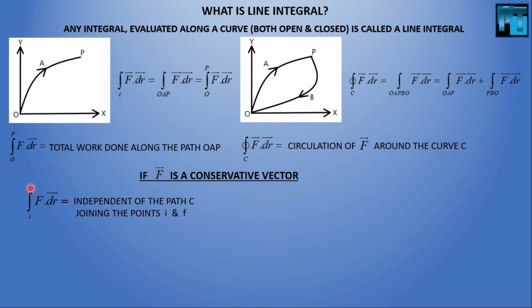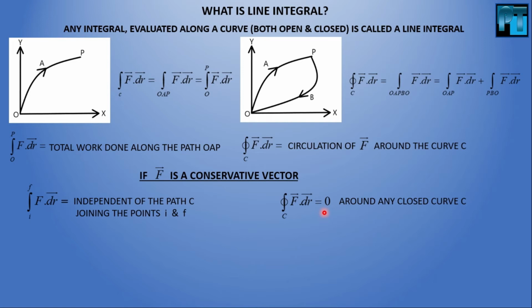Suppose f is a conservative vector, then the work done along OAP or OBP will be the same. If that differs, then f is not a conservative vector. And for a closed line integral, it is 0. So if f is conservative, then the open line integral is independent of path and the closed line integral is 0.